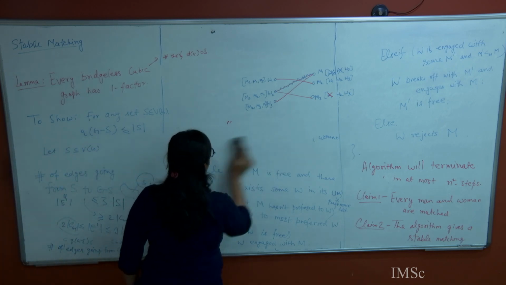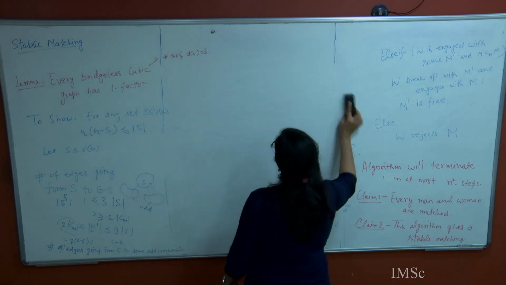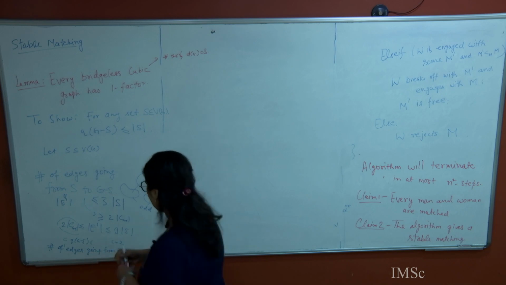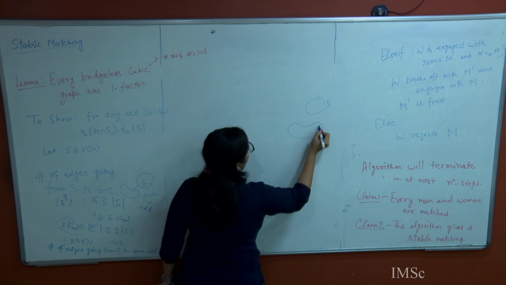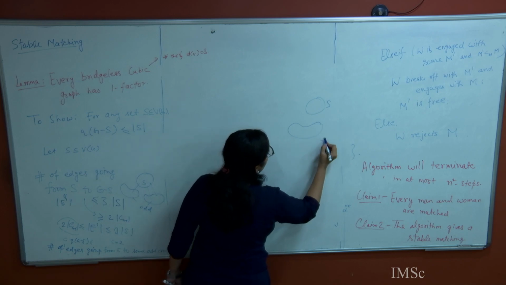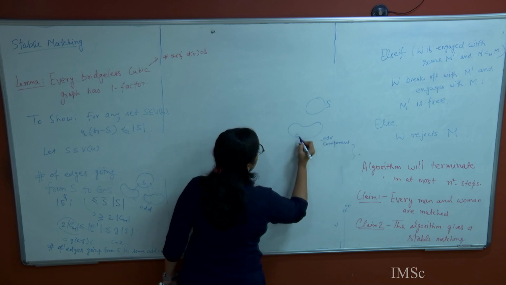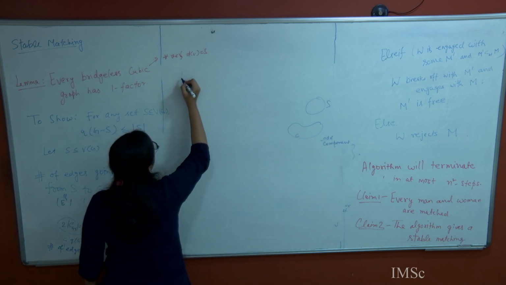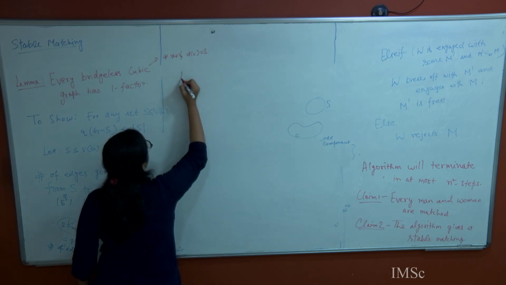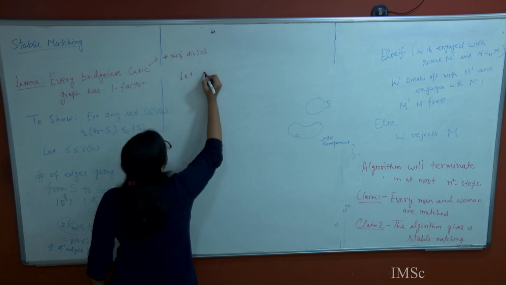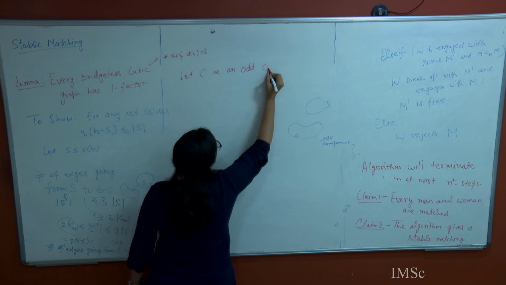Okay, so we have our S and some odd component, say C. Let C be an odd component.